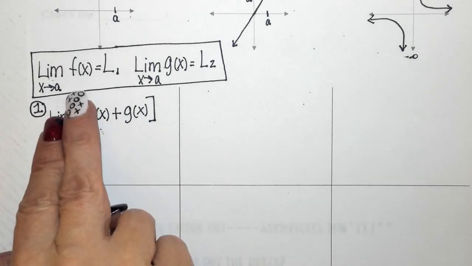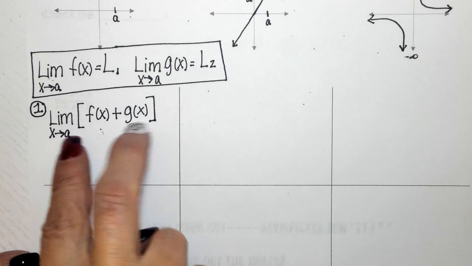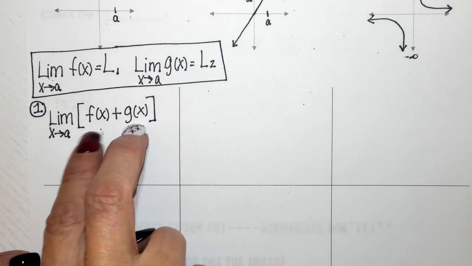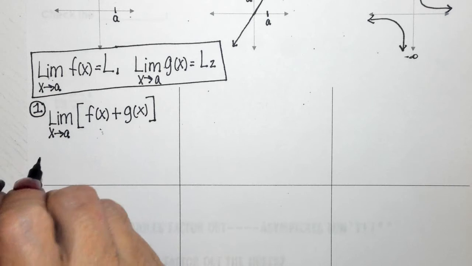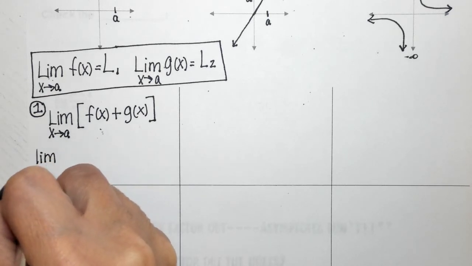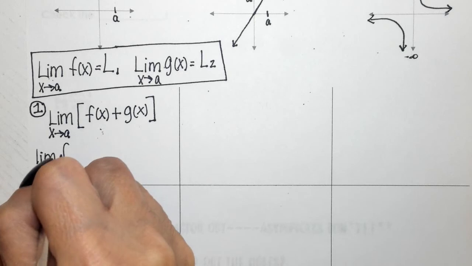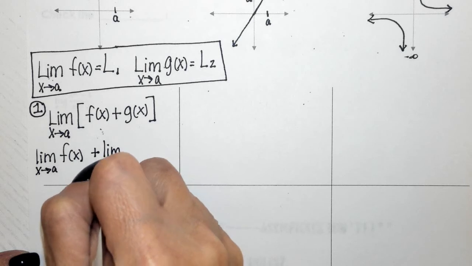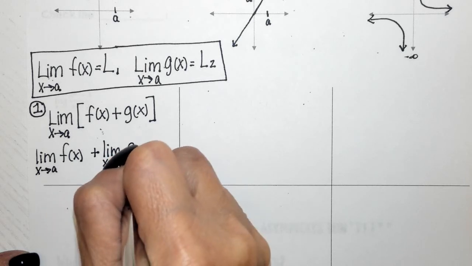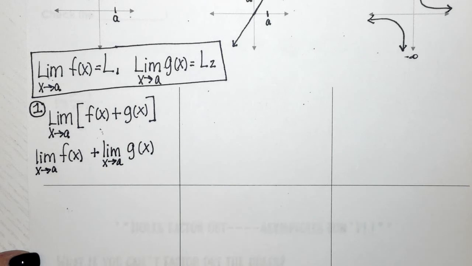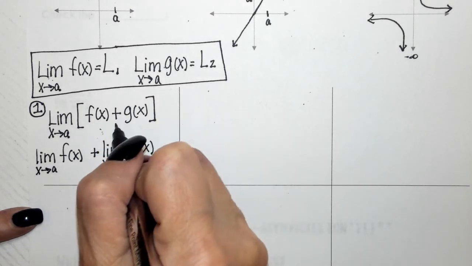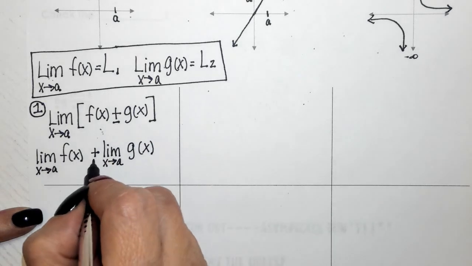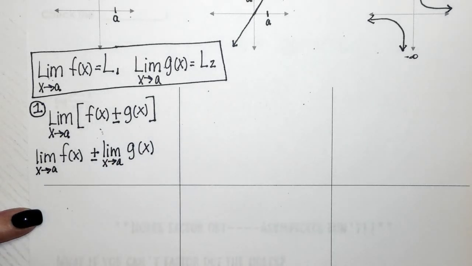If I have this scenario where I'm adding these, I can break them apart and say that is the same thing as the limit as x approaches a of f of x plus the limit as x approaches a of g of x. In other words, I can break them apart and make it into 2 separate limits. It goes without saying that if I'm adding, I could also do subtraction. It works for both of them.